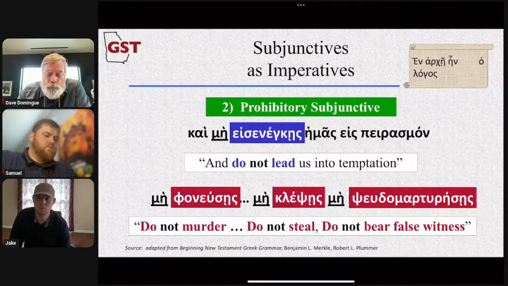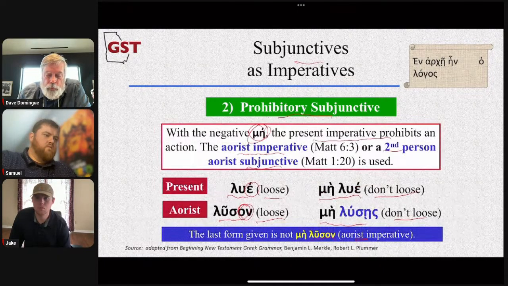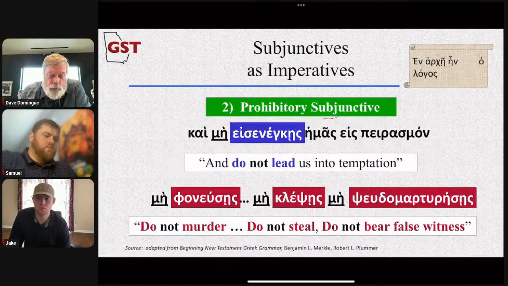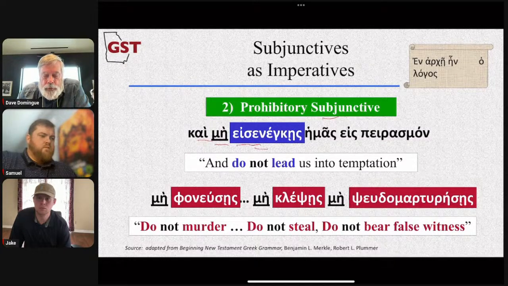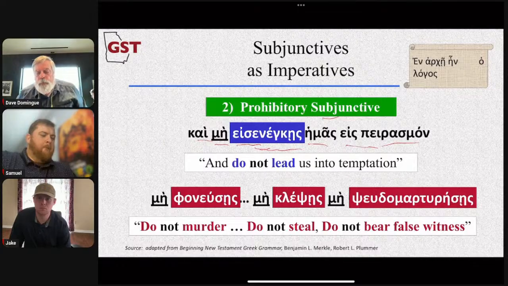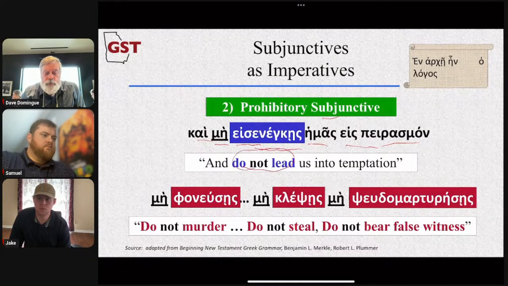You can have a prohibitory subjunctive. Another prohibitory subjunctive form. Here's some more examples. Kai mē eisenenkēs hēmas eis peirasmon. Do not lead us into temptation. Right?